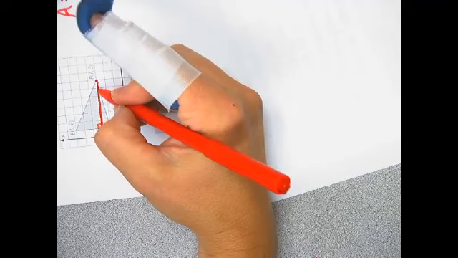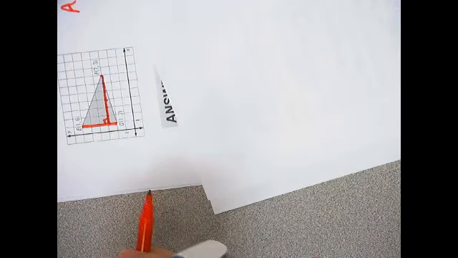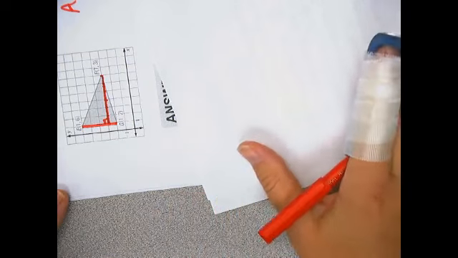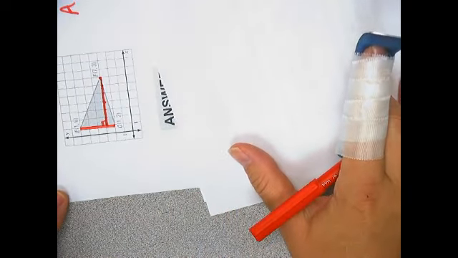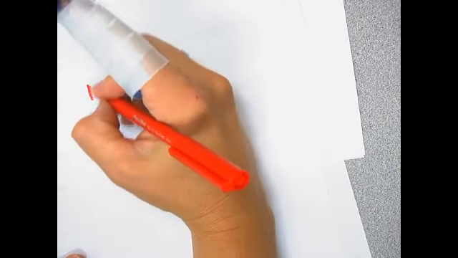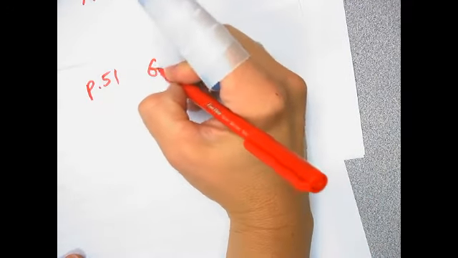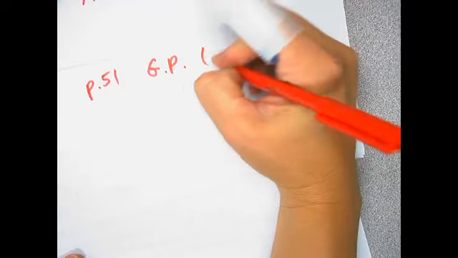Why is that super easy to do? Because this is a horizontal line, so we can easily count that the height is 1, 2, 3, 4, 5, 6. The height is 6. And our base is very easy to count because we don't have to use the distance formula, things like that. It's a vertical line there.